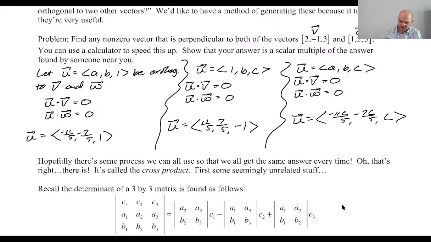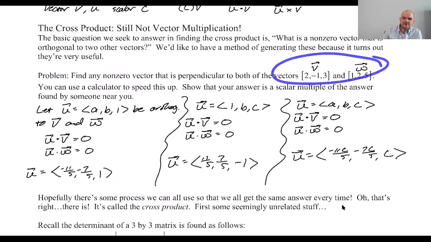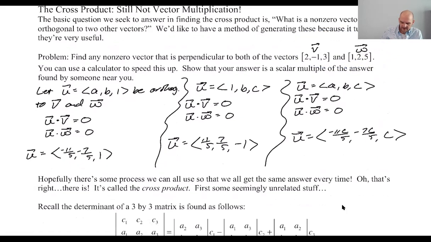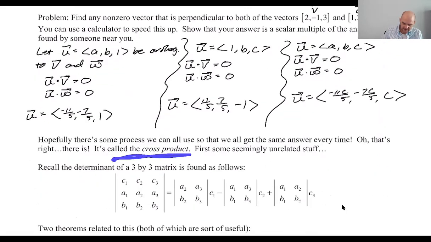That's really interesting. So rather than have this particular thing where we have to solve it, we want a generalization. So what we do is we define something called the cross product. If we use the cross product, which we're going to talk about in a second, we will get the same vector every time we do this process. You're not just choosing this as 1 and this as 1.